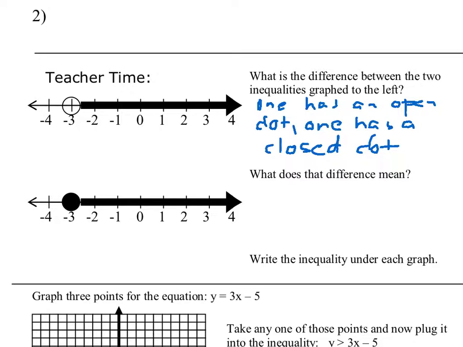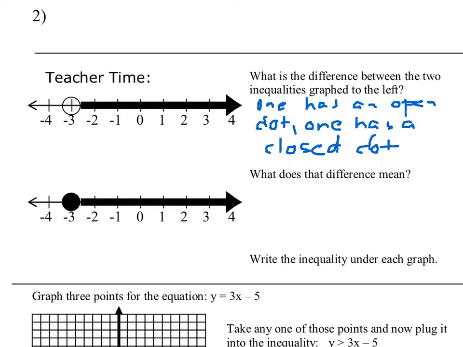All right, what does the difference mean? What does it mean about the solutions to these inequalities? Raisa. Okay.